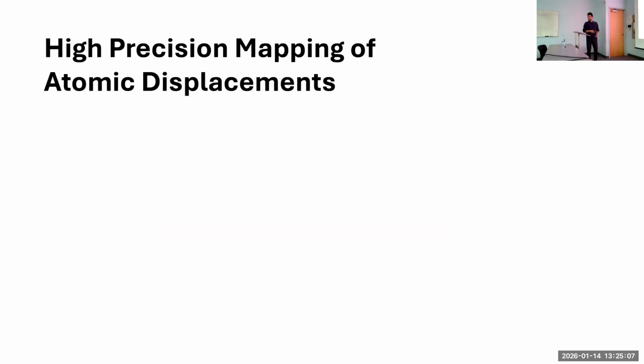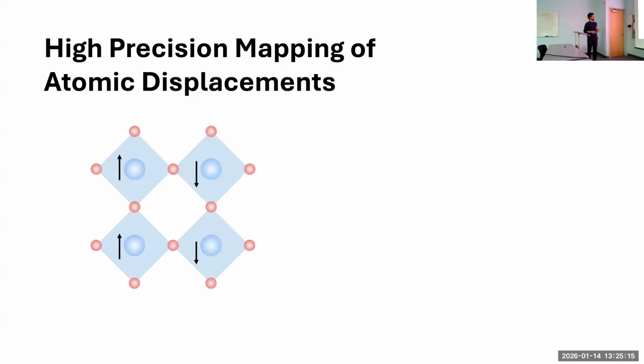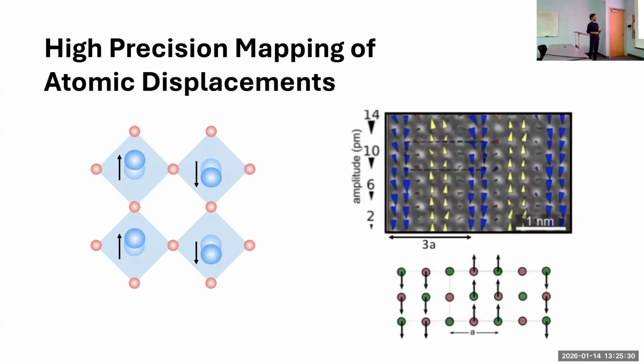So now I'd like to get into a little bit more advanced methods of extracting more subtle phenomena in these images. And in particular, as I said at the intro, I'm interested in how atomic displacements are tied to electronic properties in complex materials. So for instance, if I have a material where the atoms shift up and down or modulate in space, that can be tied, for instance, to charge order.